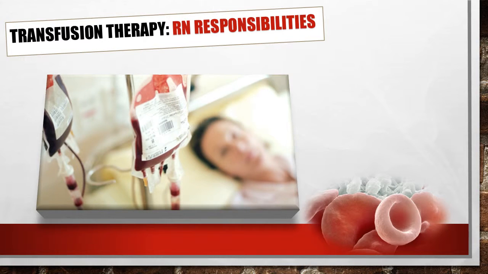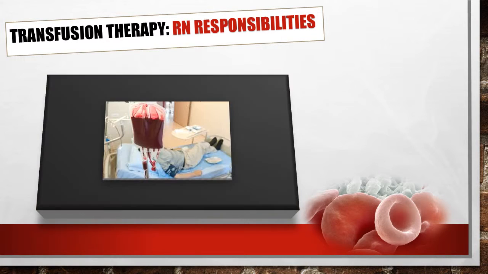Ask the patient to report any unusual sensations such as chills, shortness of breath, hives, or itching. You want to transfuse blood products more slowly to older patients, or any patients that have a cardiac problem, and do not administer any other drugs while infusing blood products.